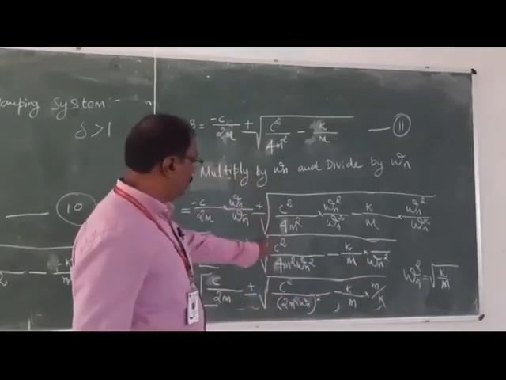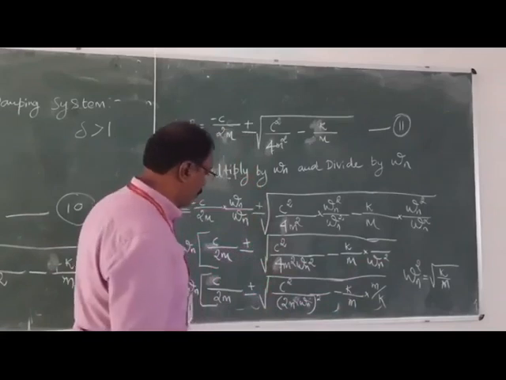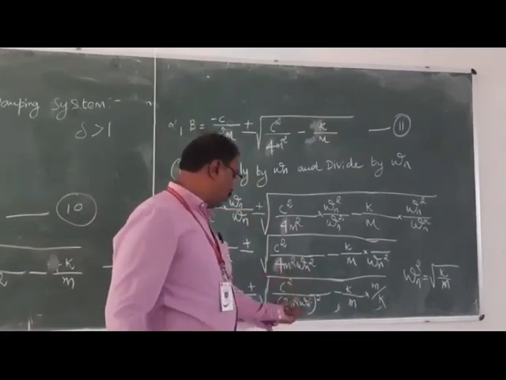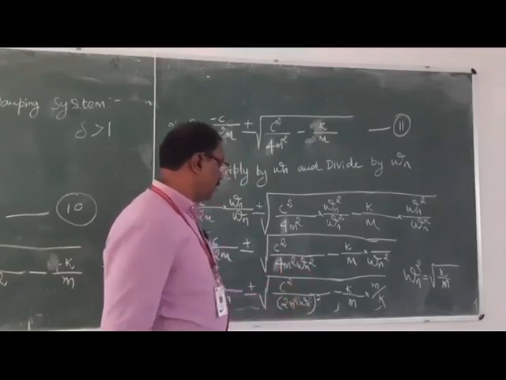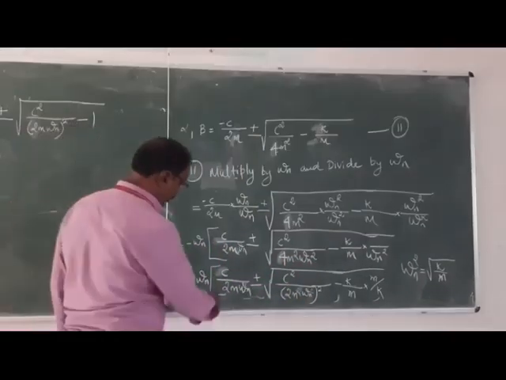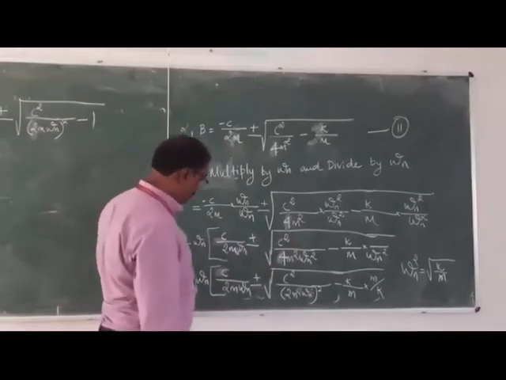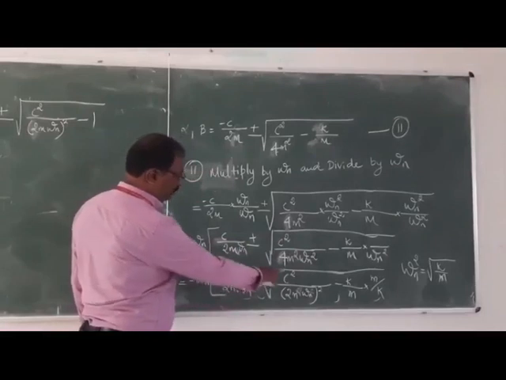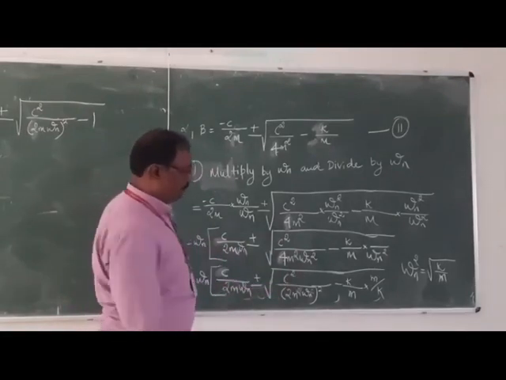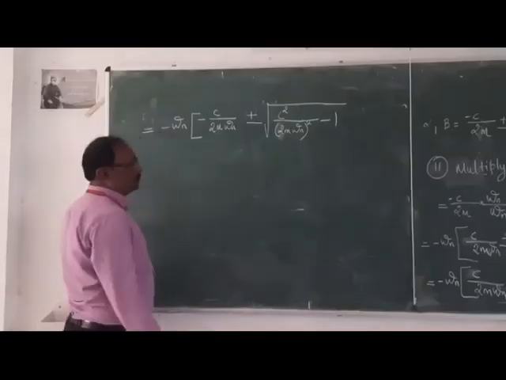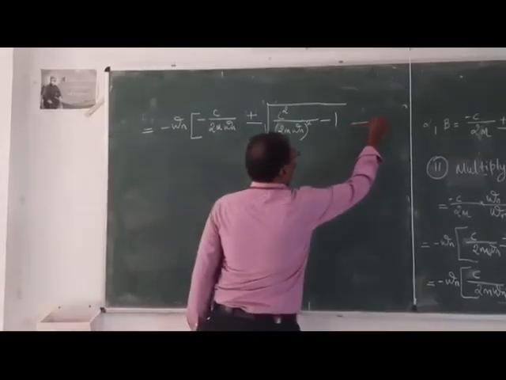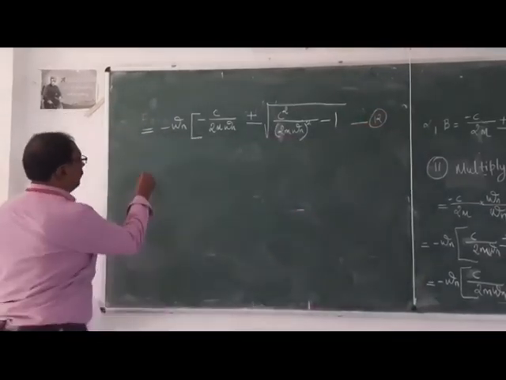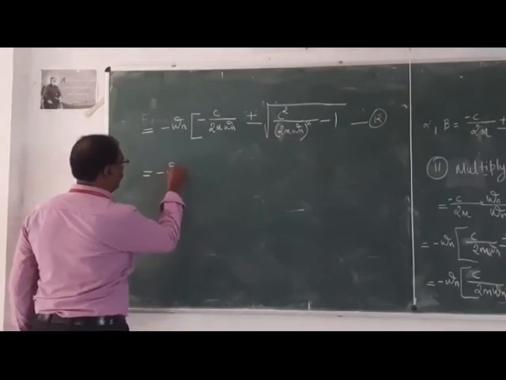The denominator is 4. Then I am taking commonly this one, 2 m omega n square. The equation becomes c divided by 2 omega n, and the equation will be minus omega n.